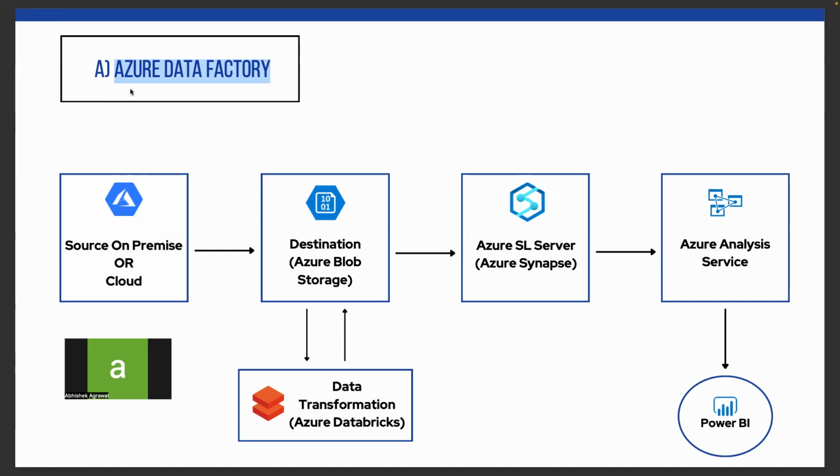Or suppose you're working in a banking domain, and you go to a bank to deposit or withdraw money. You want to see that transaction in your mobile application then and there. You don't want to wait 1 day or 2 days to see that transaction. That is near real-time reporting, and you cannot achieve that using Data Factory.